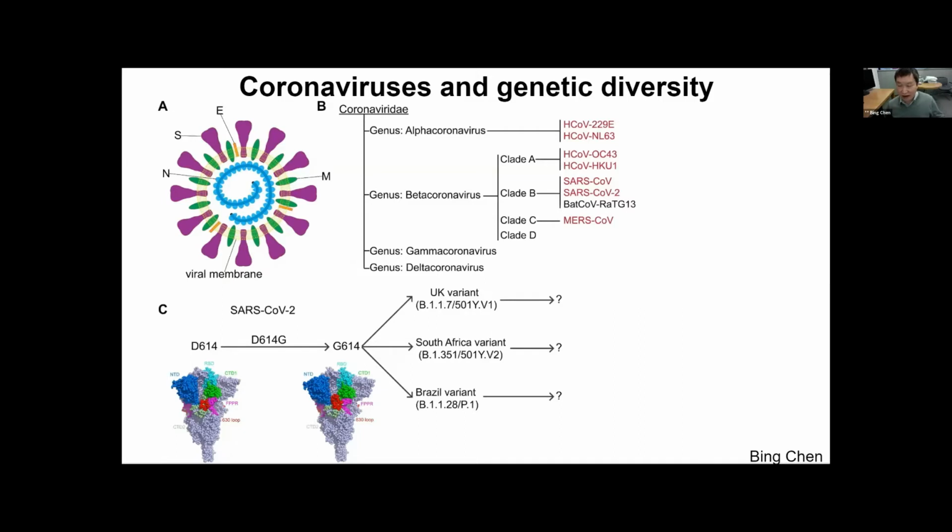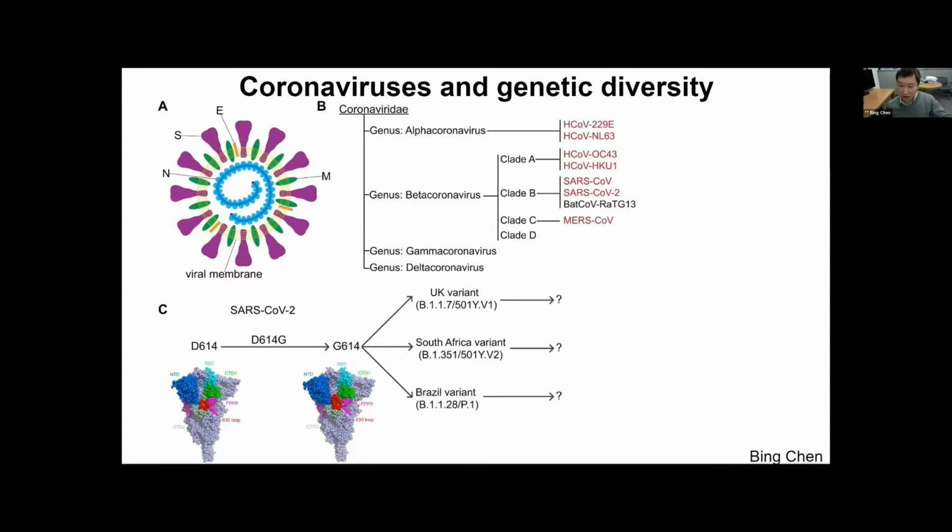At the end of last year, we heard about additional variants, the UK, South Africa, and Brazil strains. We are currently working on the cryo-EM structures of those variants, and hopefully we can learn the structural basis for the enhanced infectivity as well as the resistance to neutralizing antibodies, and therefore the reduced efficacy of the first generation vaccines.